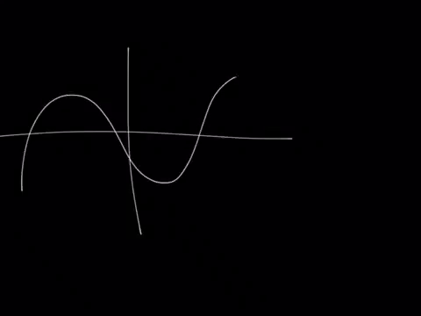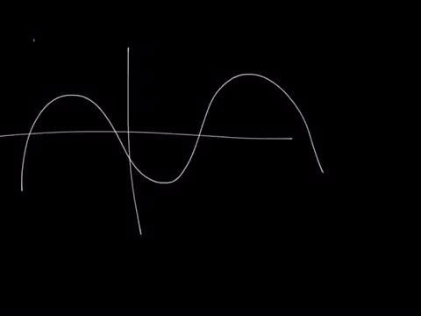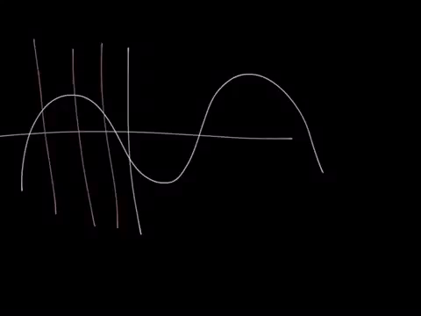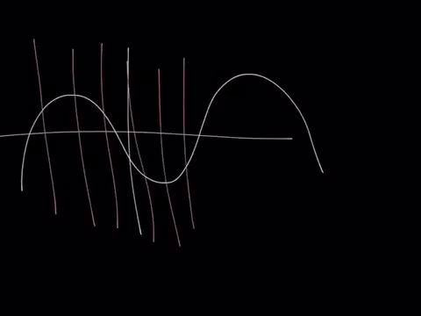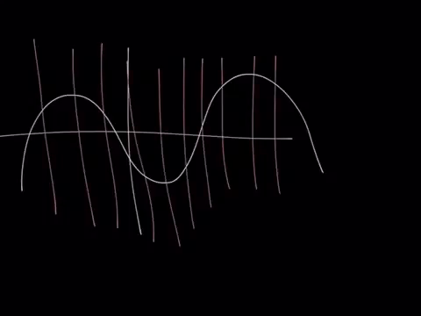For every function, you can take a vertical line and draw it through the graph. If any of these vertical lines could possibly intersect the graph at more than one point, then it is not a function. So that makes it easy.